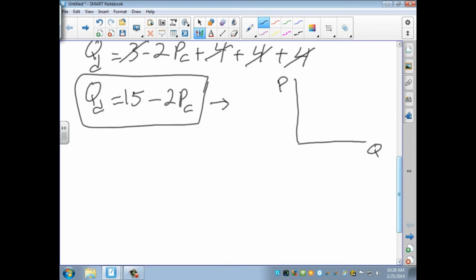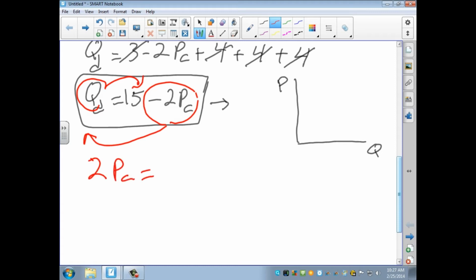In other words, let me just change the color here for a second. We're going to have minus 2PC brought to the left-hand side and QD brought to the right-hand side. So that would become 2PC equal 15 minus QD.